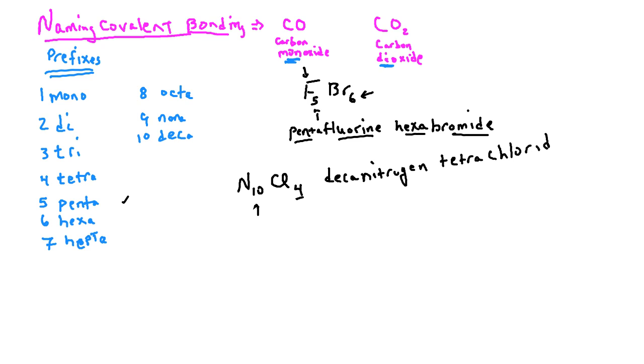All right. Let's do P3 I7. Okay, again, I'm just making these up. Well, 3 is tri. And then we put phosphorus, the complete name of the first element, phosphorus.